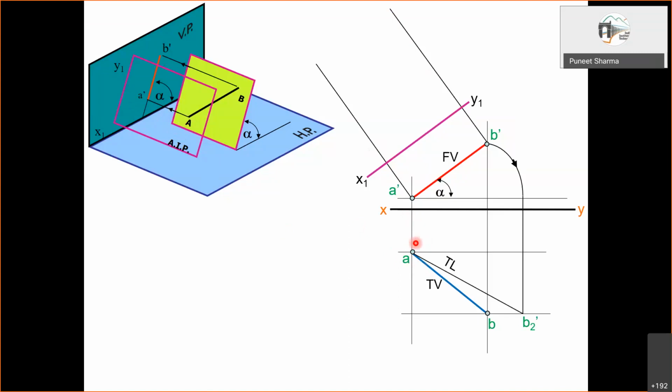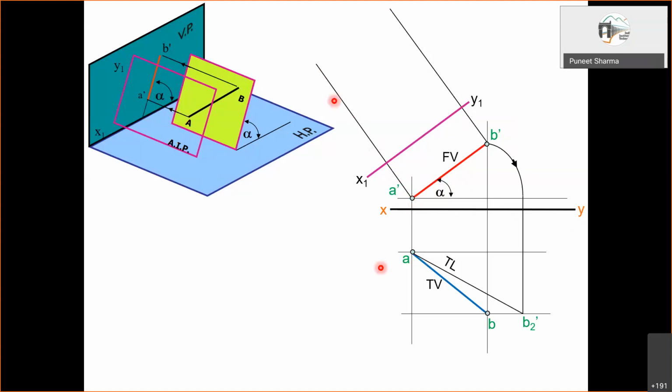This will be the same distance as will be visible in the auxiliary top view also, right? So in the auxiliary top view, small a1 will maintain the same distance from x1, y1 when A is projected on this AIP. One thing we know is that small a1 will be on this projector.